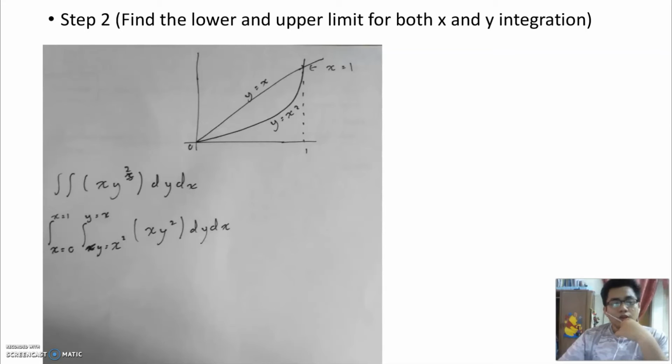To find the y limits, we repeat the same method, but this time we cut through the region vertically, and we get the upper limit of y is y equal to x, and the lower limit of y is y equal to x squared.